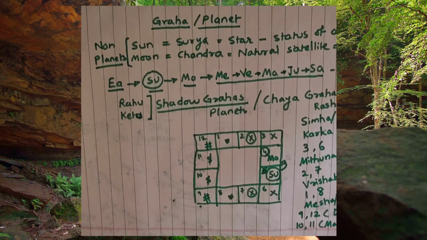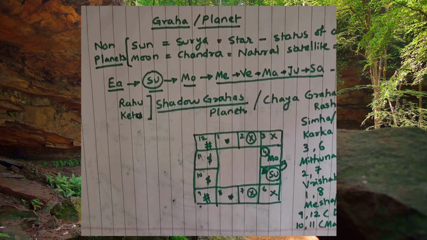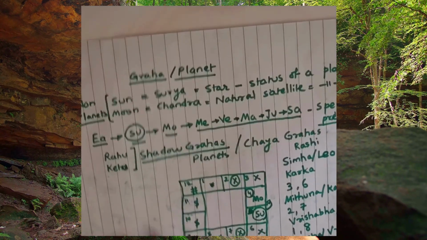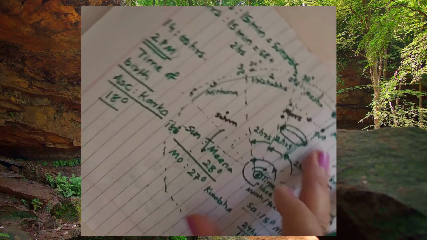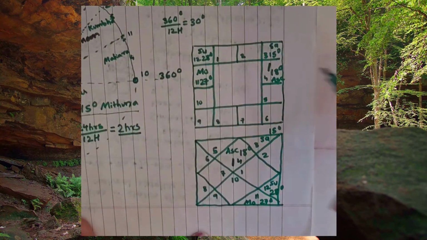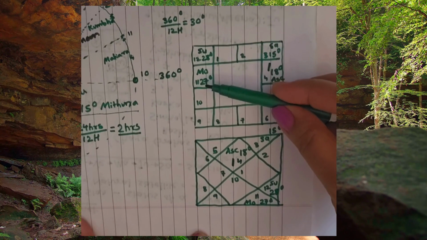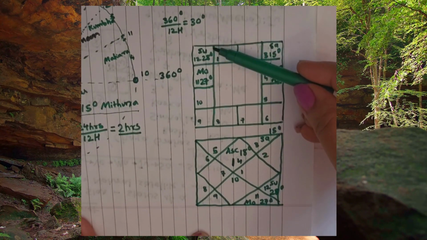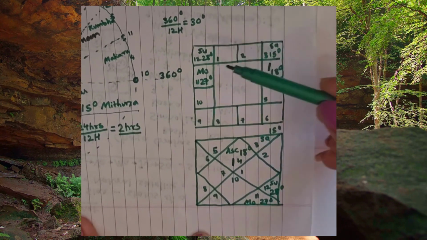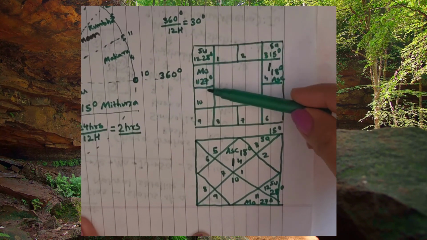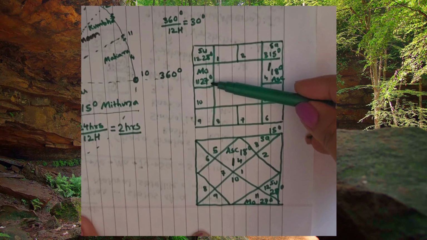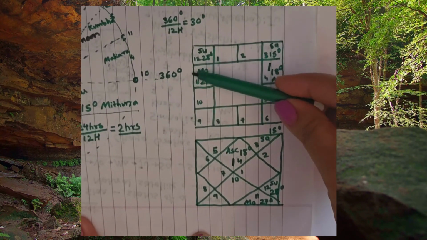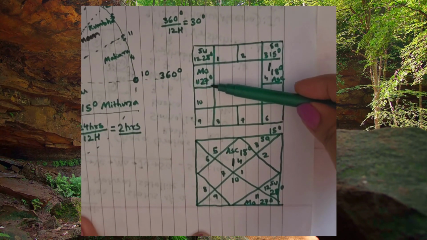Lastly, let us quickly understand what is sun sign of a person or what is moon sign of a person. Now it is very easy, right? As we had seen here, sun will be placed somewhere, moon will be placed somewhere, right? So wherever sun is placed, that becomes the sun sign of the person. Wherever moon is placed, that becomes the moon sign of the person. When we say moon sign, it is the Janma Rashi of the person.